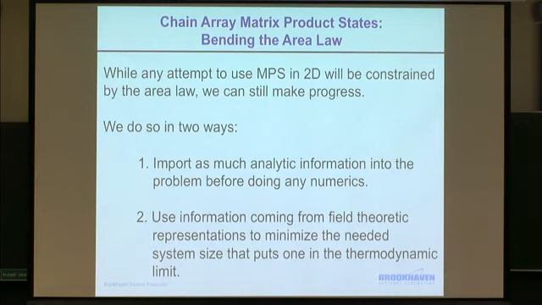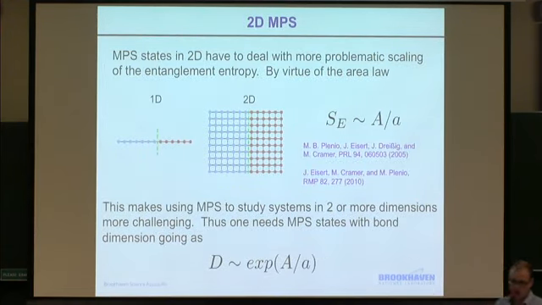Now, the aim of this talk is to convey a way of getting around this problem of using MPS states in 2 dimensions. Yes? So the entanglement grows with the area. Yeah. That's because each bond kind of has an entanglement contribution. But why does that imply that this D should go exponentially?